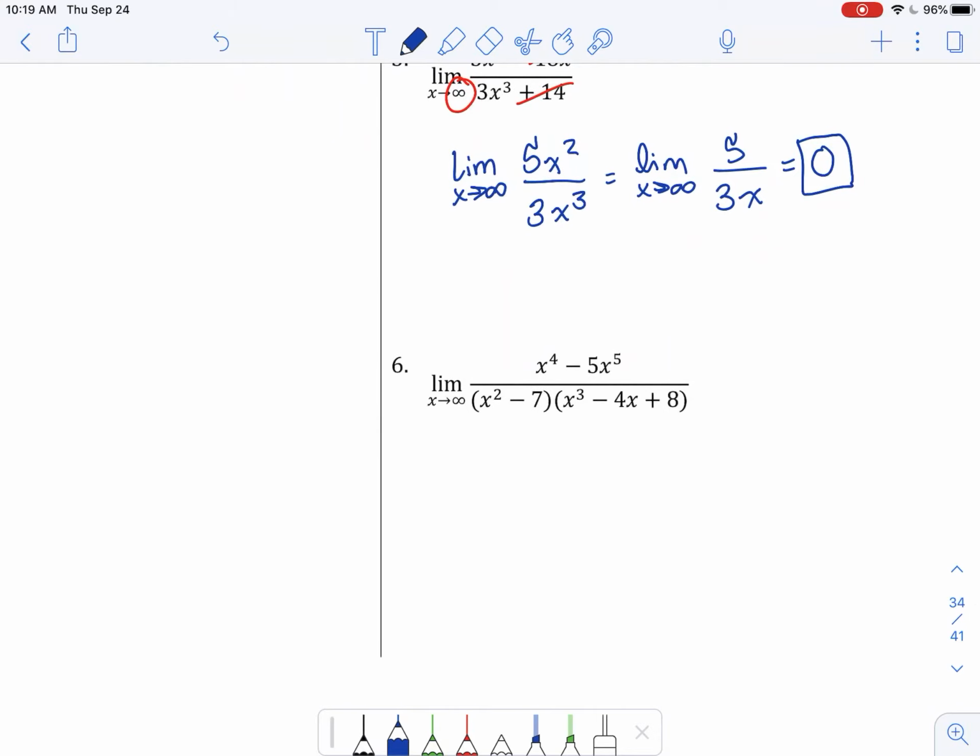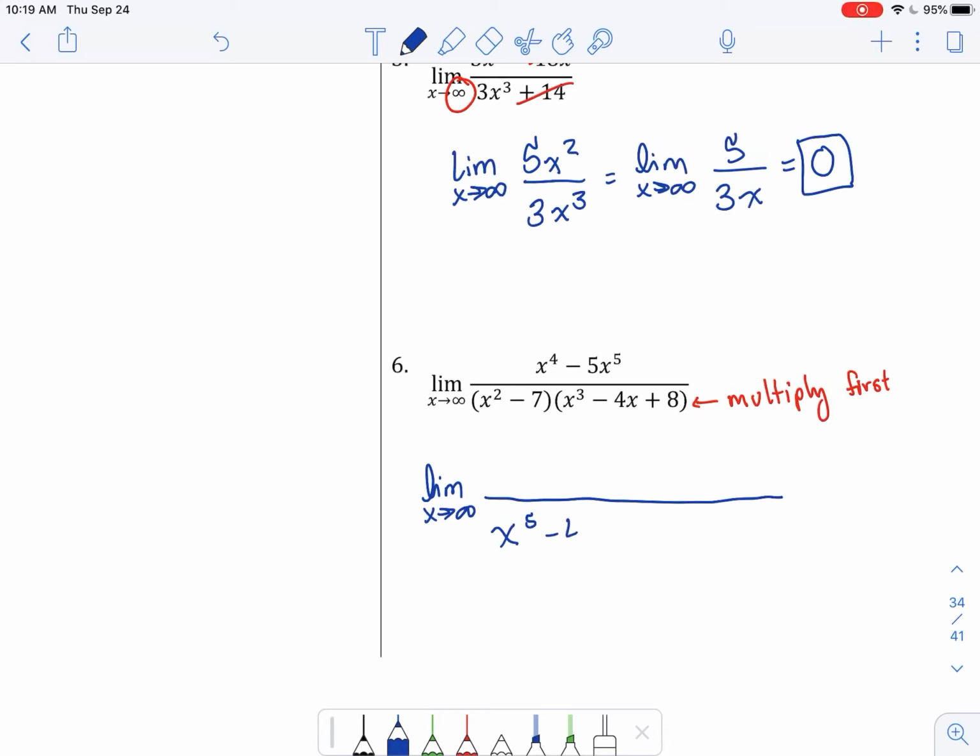Now this strategy also works with more complicated ones, but two things to watch out for. You want to make sure that if you have factors that you FOIL or multiply first. And you also want to make sure that, like in the numerator, the highest degree term might not be the first one. So when I look at this next step here, this limit as x approaches infinity, if I multiply that denominator, I get x to the 5th.